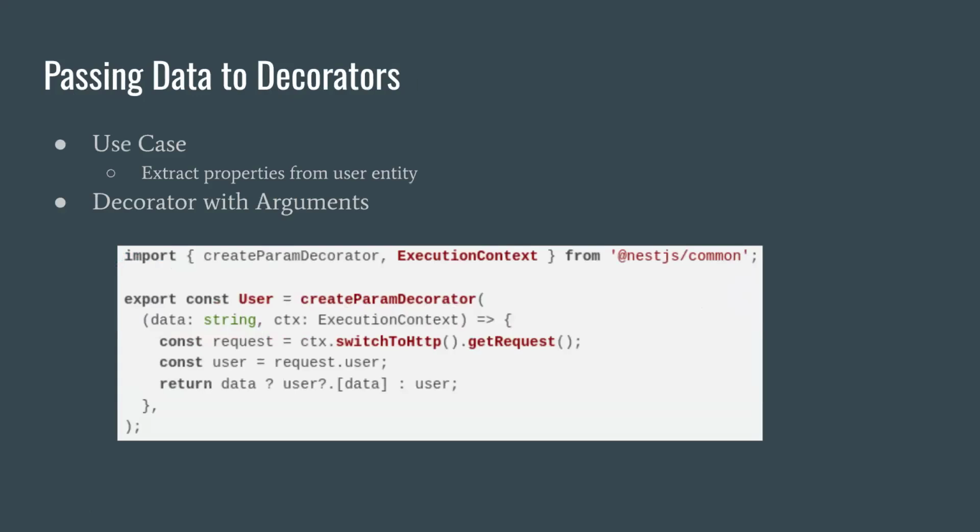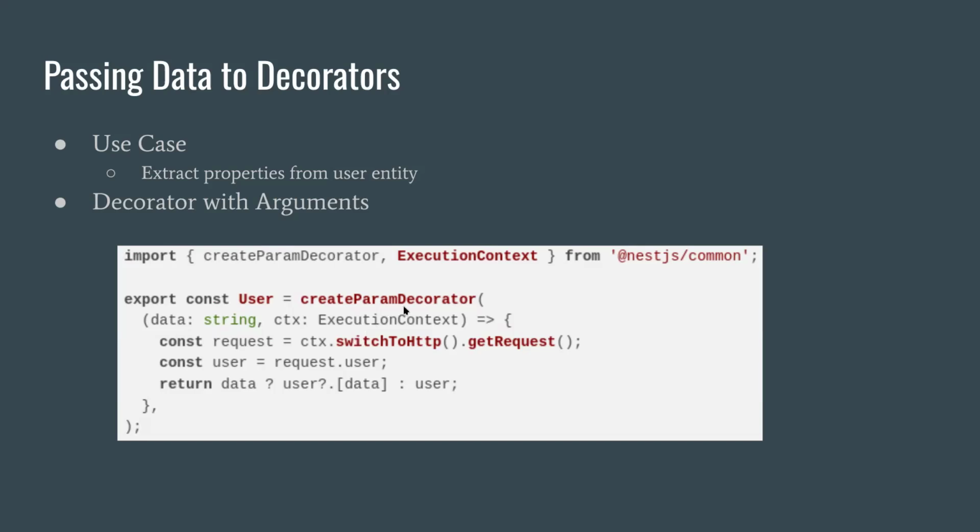Passing data to decorators. Sometimes you may want your decorator to behave differently based on certain conditions. You can achieve this by passing arguments to the decorator's factory function.